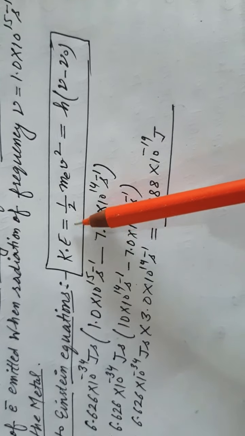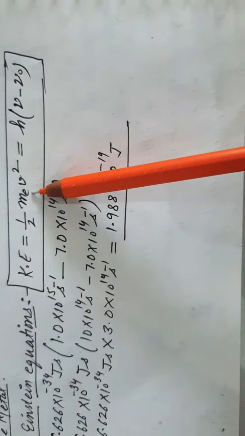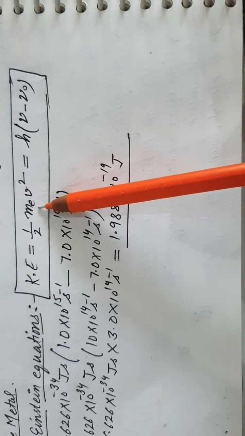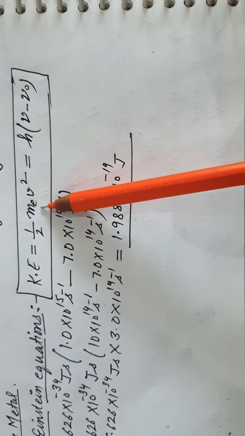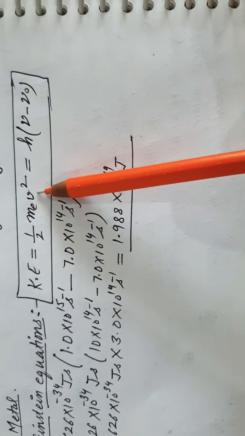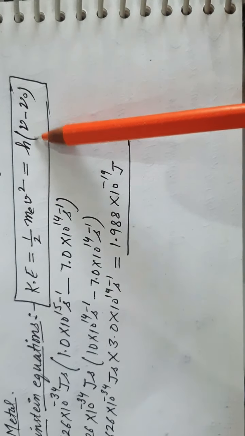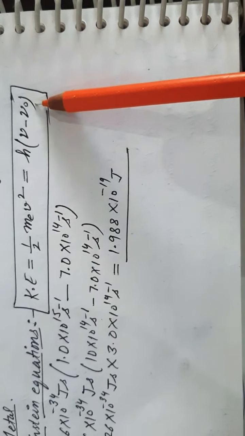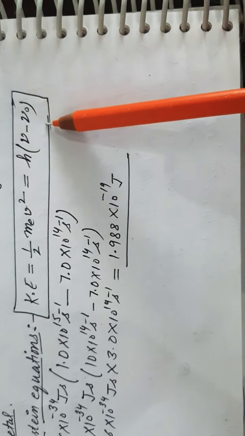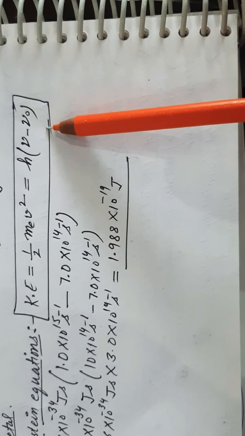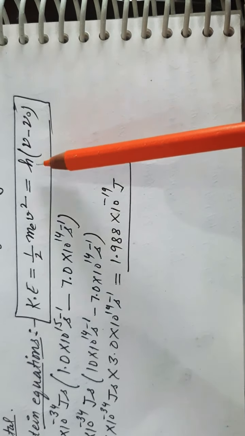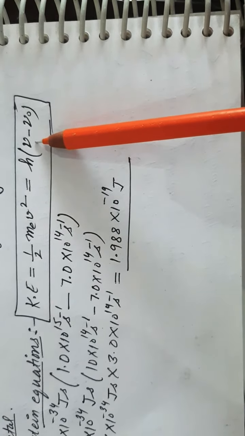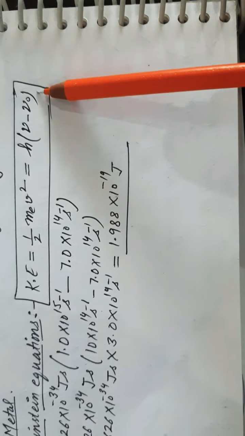Kinetic energy, as we know, is equal to half m v square, where m is the mass of the electron and v is the velocity of that electron, and it is equal to h nu minus h nu naught. That is the difference between two energies: energy of incident radiation minus energy of the threshold case. h is common, nu minus nu naught.